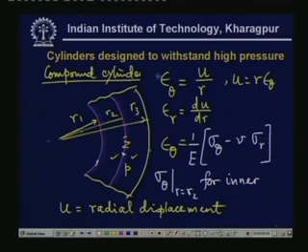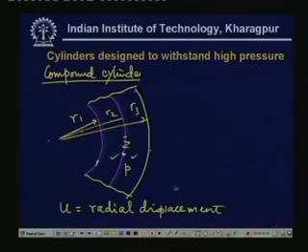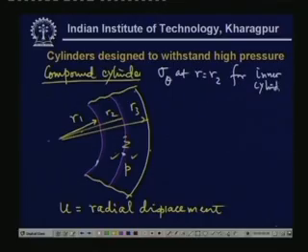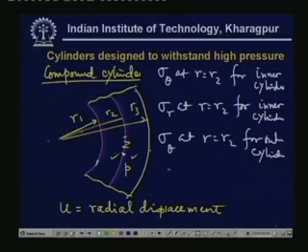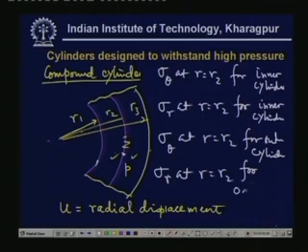So, we calculate these things: sigma theta and sigma r at r equal to r2 for the inner cylinder, and sigma theta and sigma r at r equal to r2 for the outer cylinder.